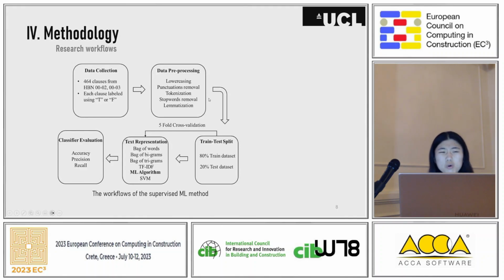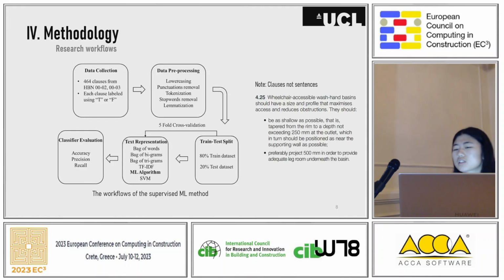And importantly, we took the whole clauses, not just the sentences, such as the clause 4.25 here. And we also did some data pre-processing, train-test split, and then we represented them using different types of text representation, and using a single algorithm, a support vector machine. And did some 5-fold cross validation, and they were evaluated using 3 metrics: accuracy, precision, and recall.